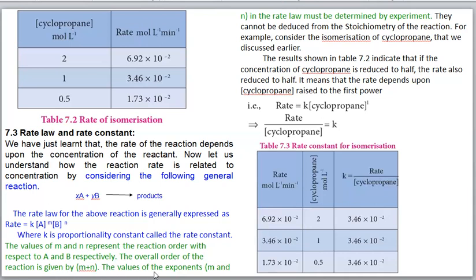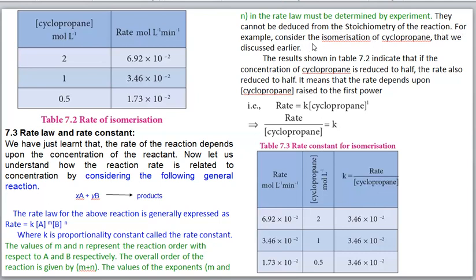The values of the exponents m and n in the rate law must be determined by experiment. From stoichiometry it is not possible to predict them. They cannot be deduced from the stoichiometry of the reaction.